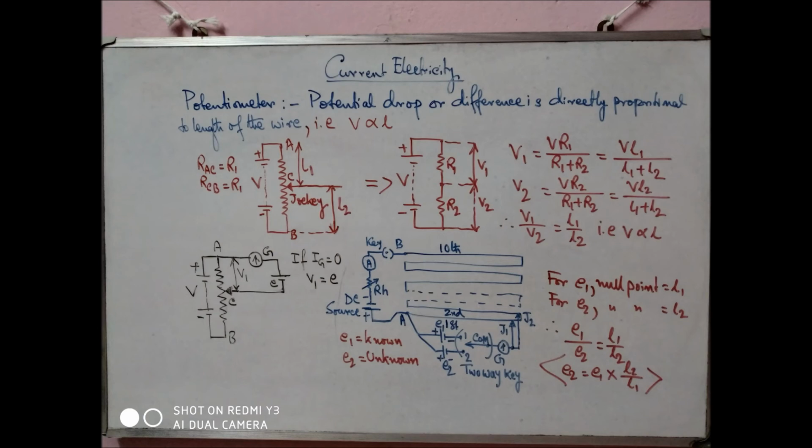What do I conclude? I conclude that the potential drop between A and C, which is actually V1, is equal to E, because if the potential at both ends of the galvanometer is the same, then no current will flow. Not only a galvanometer, in any conductor, if the potential is the same, current will not flow. So in this case, the galvanometer current is 0 and V1 equals E.